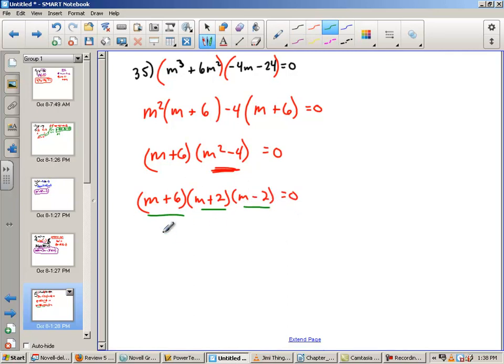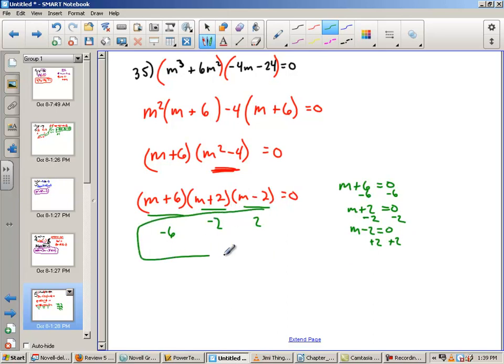I can either know from what we did earlier in the year that I'd be getting negative 6, negative 2, and 2, or I could say m plus 6 equals 0, m plus 2 equals 0, and m minus 2 equals 0, and solve each of them by subtracting 6 or subtracting 2 or adding 2. Doing whatever's appropriate for the problem. But these are my 3 solutions.